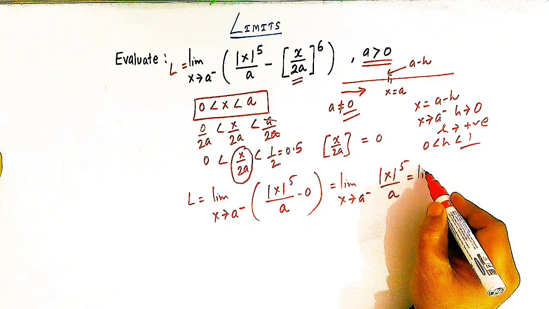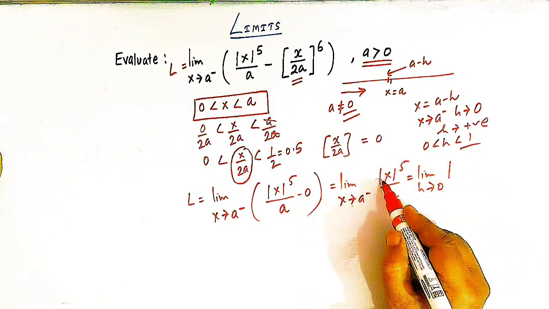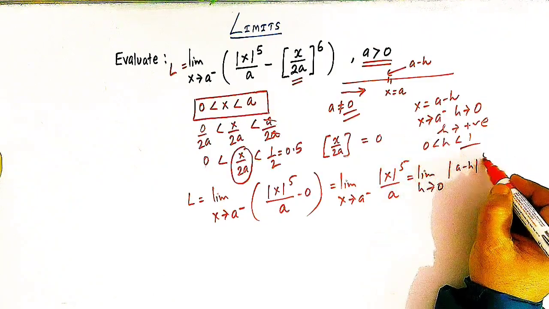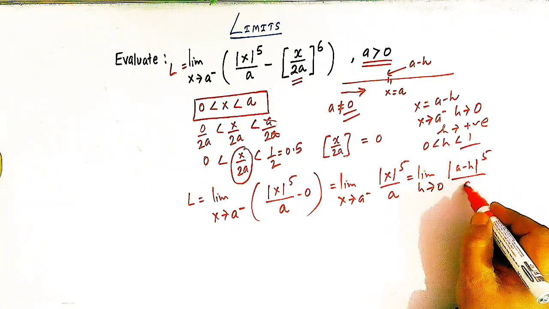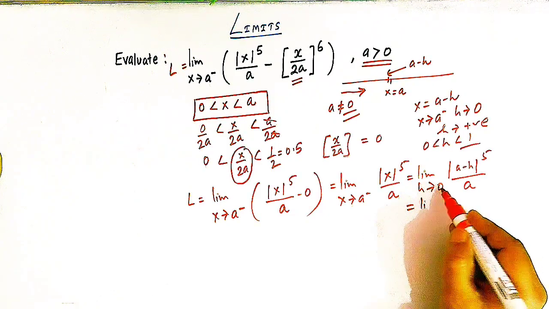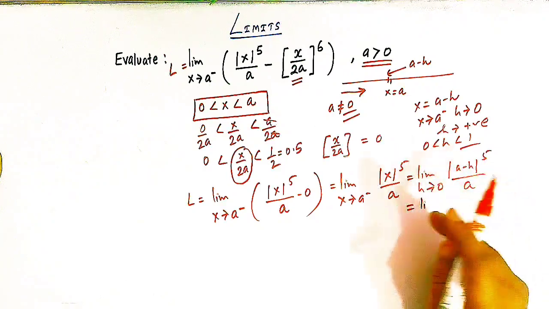So here we have limit h tends to 0, and mod of x can be replaced by a minus h raised to 5 over a. So now we have limit h tends to 0, mod of a minus h raised to 5, so we can take h is equal to 0 here.